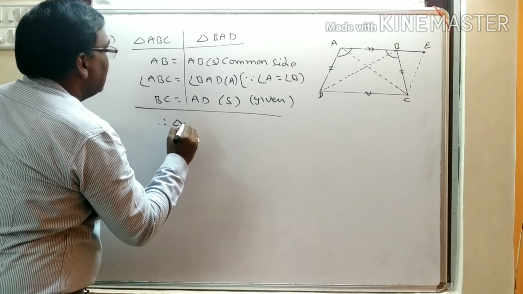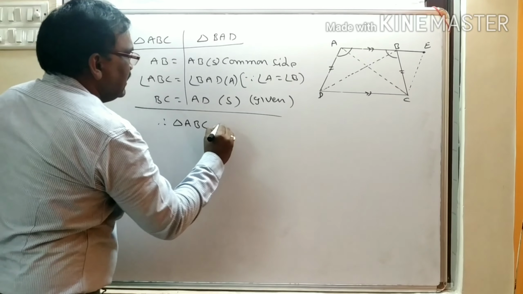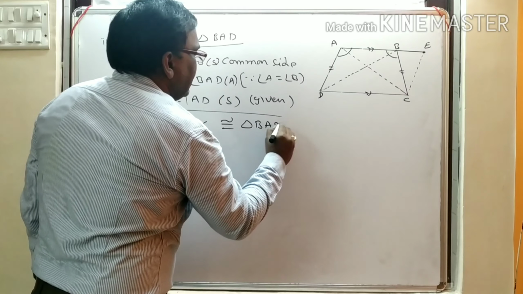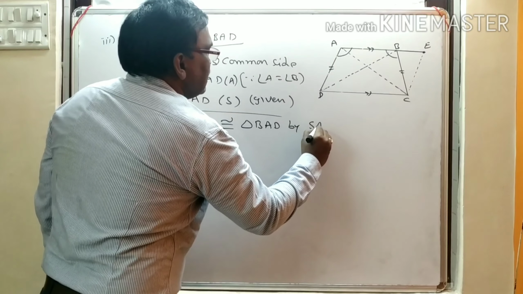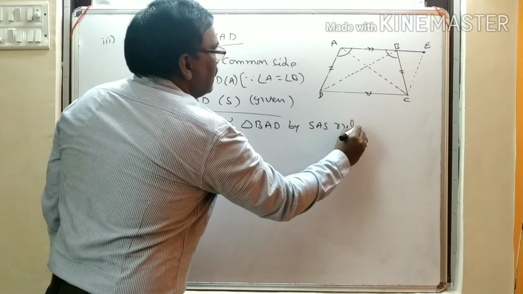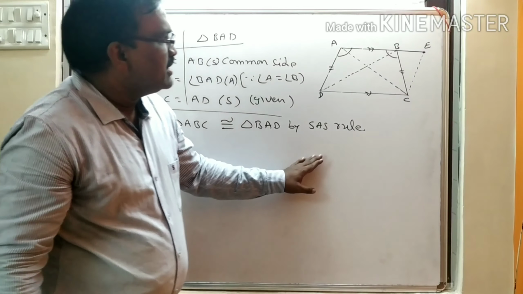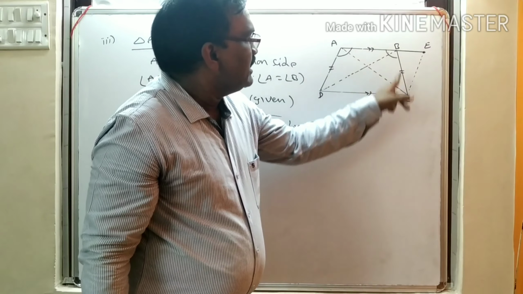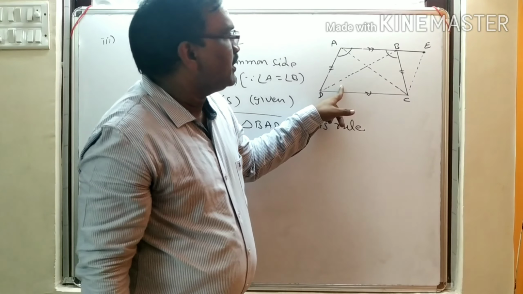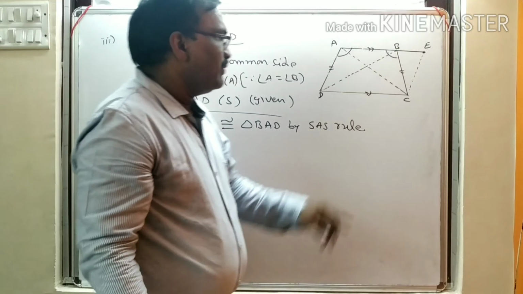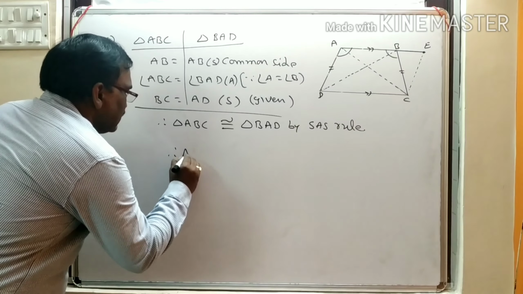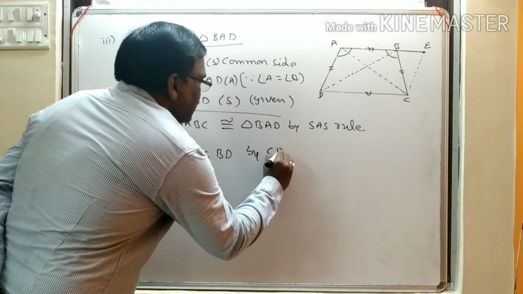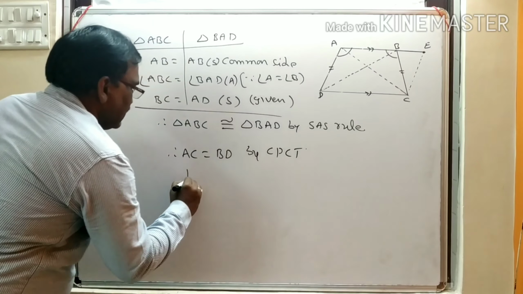Triangle ABC is congruent to triangle BAD by SAS rule. Once the triangles are congruent, their corresponding parts are equal. So here AC and BD are the corresponding parts. Therefore AC is equal to BD by CPCT. Hence proved.